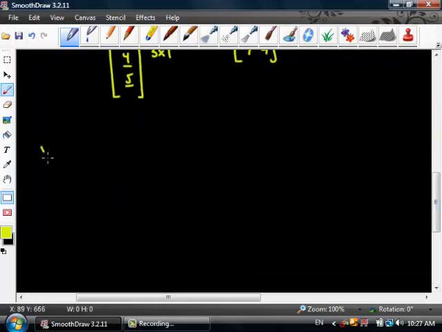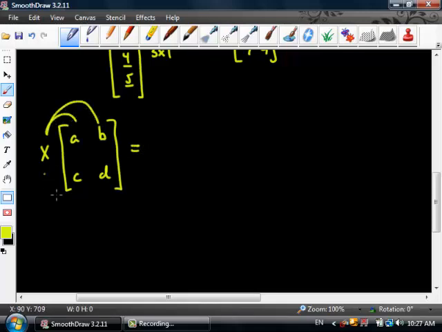If I have a scalar on the outside of, say, A, B, C, and D, what that does, imagine a very, very big distributive property. Boom, boom, boom, and boom. So what I get is x times A, x times B, x times C, and x times D.